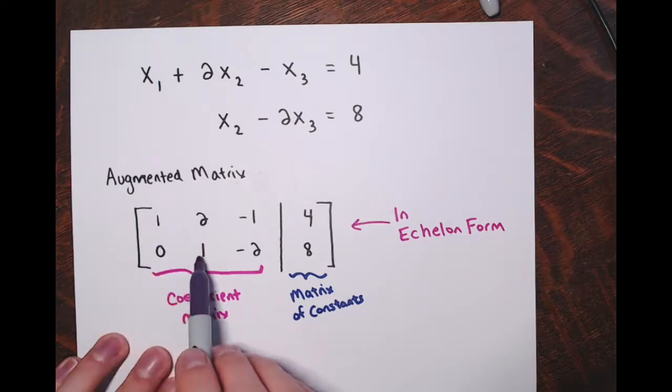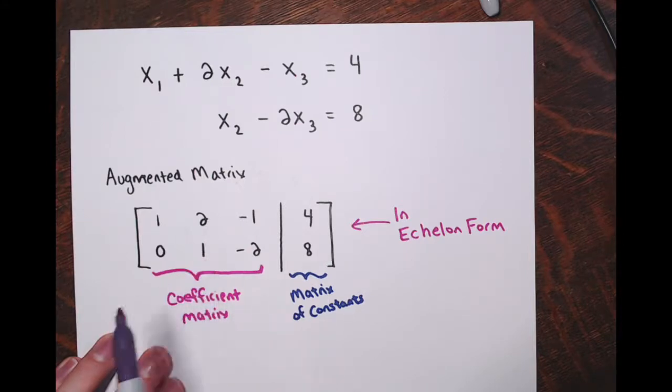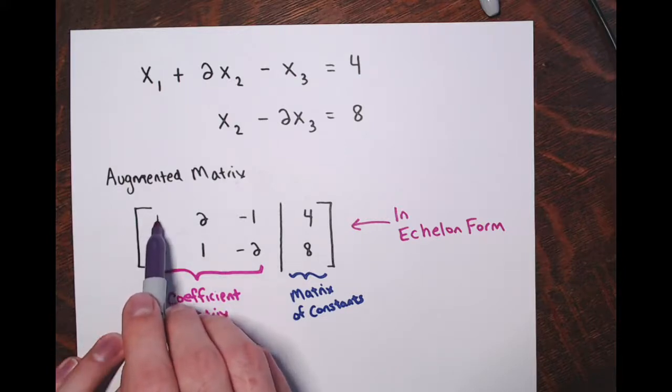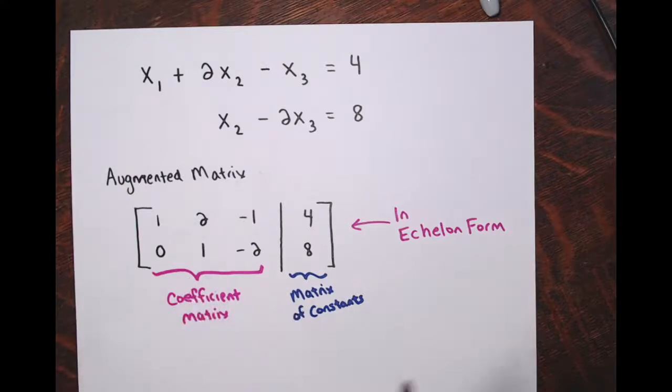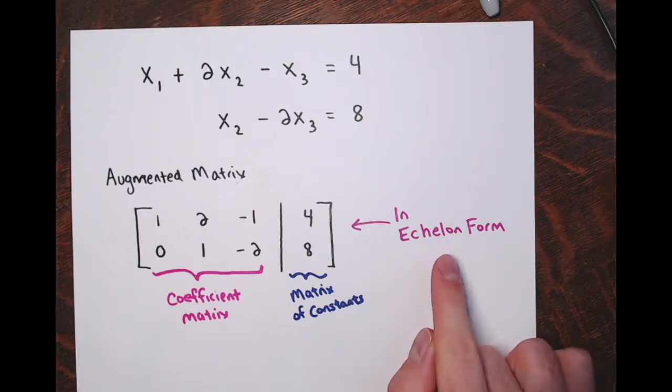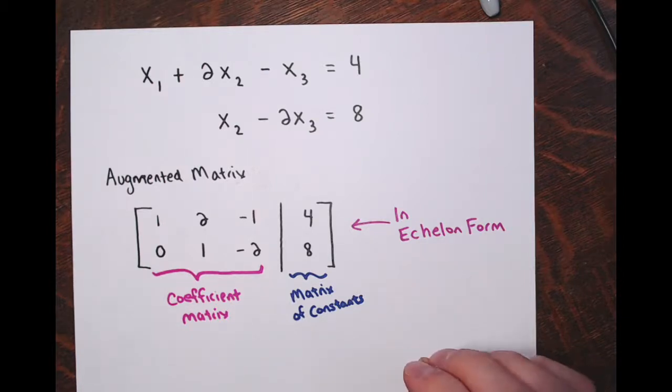The leading entry of the second row is also a 1, and it's to the right of the 1 above it in the first row. And every leading entry has zeros below it. The leading entry 1 has zeros below it. For this leading entry of 1, there's nothing below it, which is fine.